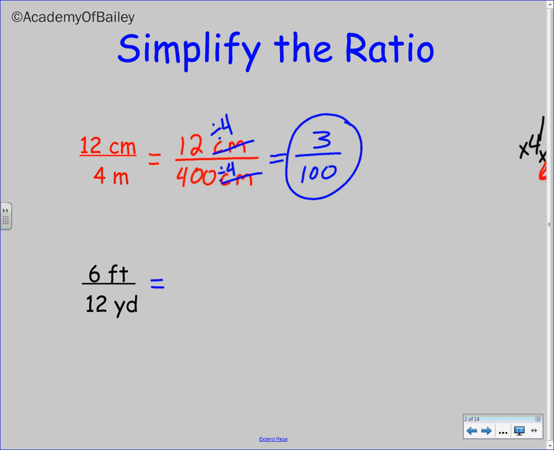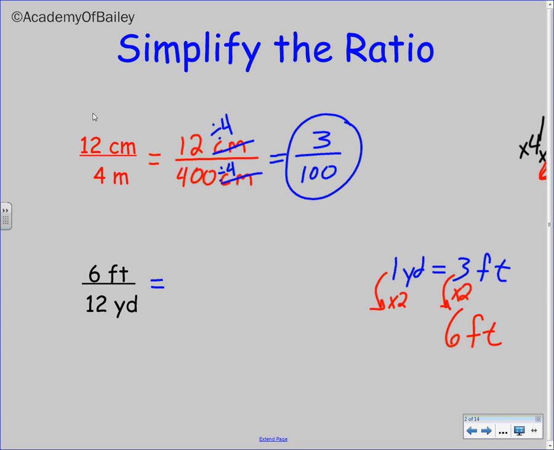Down here, 6 feet over top of 12 yards. We know that in 1 yard, there are 3 feet. So if we have 6 feet, multiply 3 by 2, and we also have to multiply 1 by 2 then.